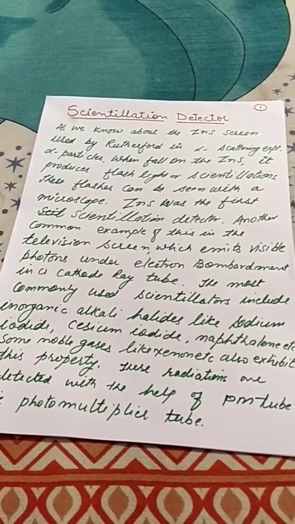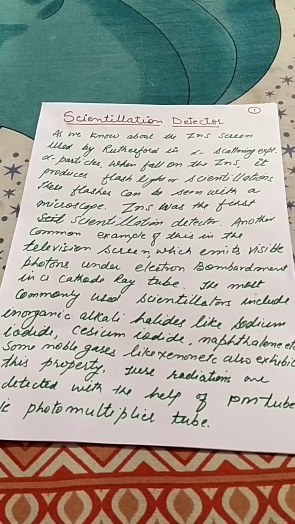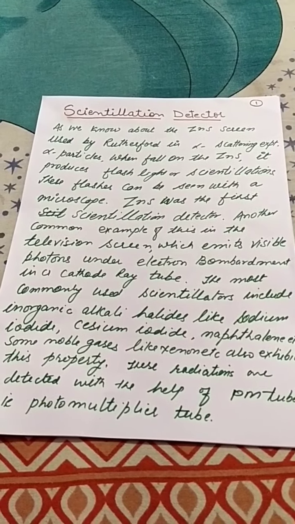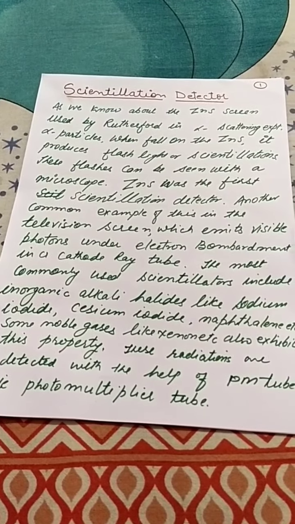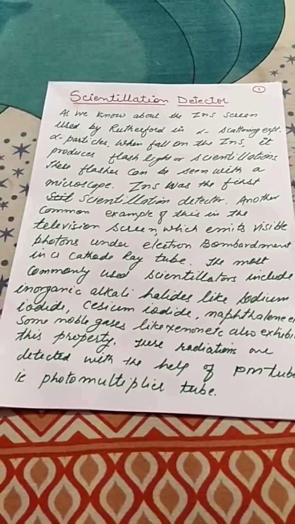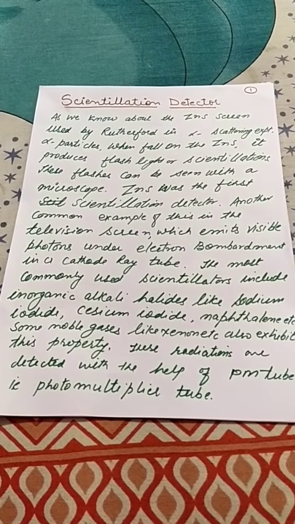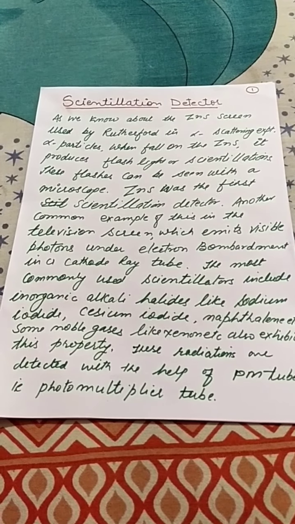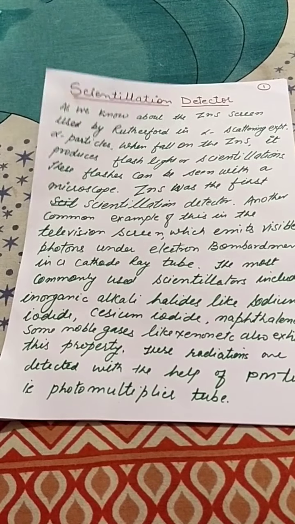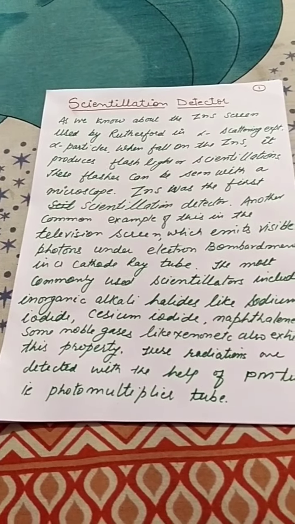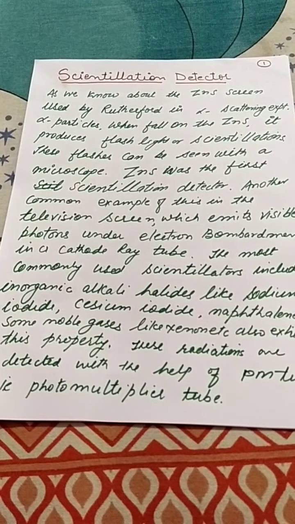The most commonly used scintillators include inorganic alkali halides like sodium iodide, cesium iodide, and naphthalene. Some noble gases like xenon also exhibit this property. These radiations are detected with the help of a photomultiplier tube, PM tube. So there are many types of scintillation detectors.